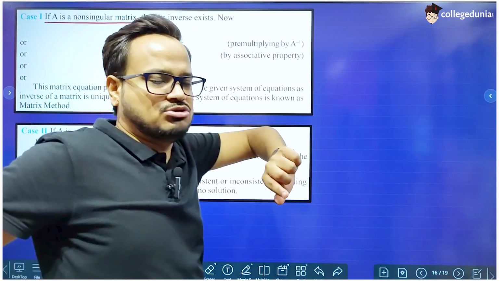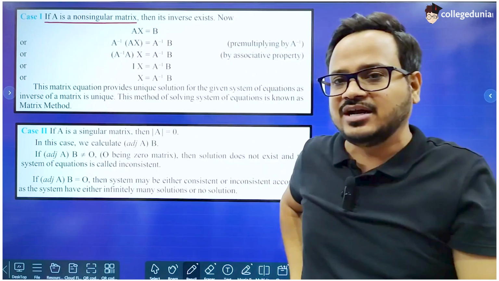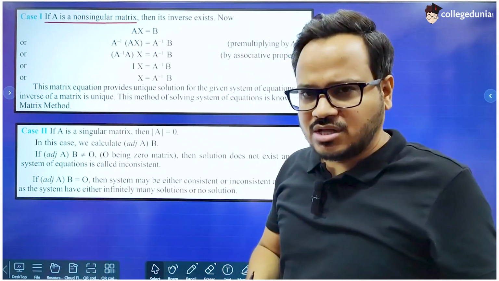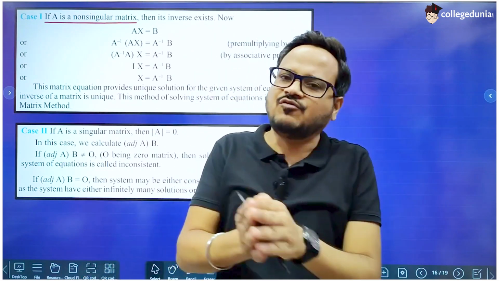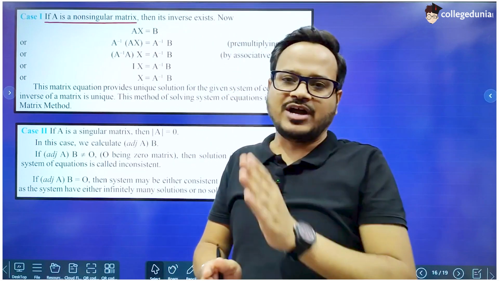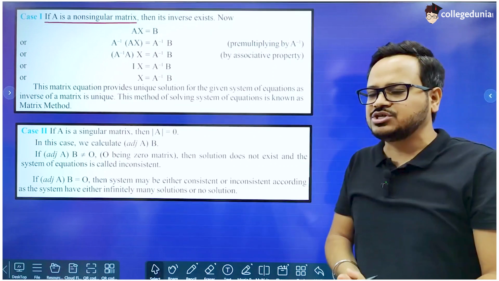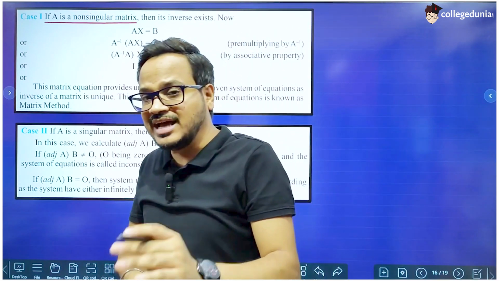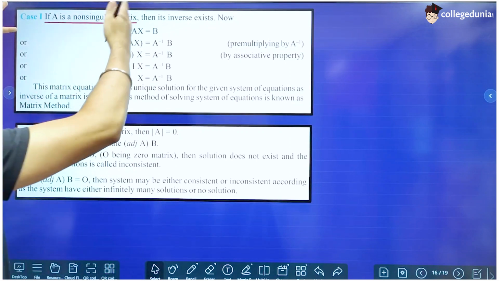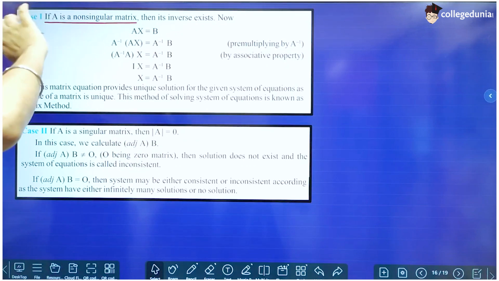If we can find the solution of a system of equations, whether a unique solution or an infinite number of solutions, then the system is called consistent. And if we cannot find the solution to a system of equations, then that system is called inconsistent. So if the matrix is non-singular, obviously you can find the solution, then the system is consistent.